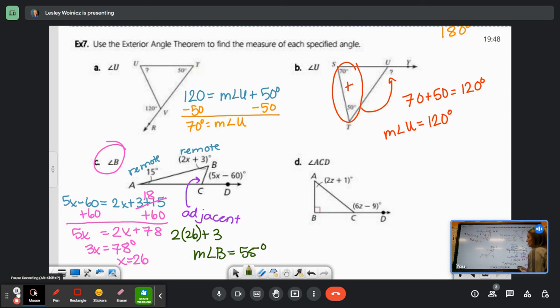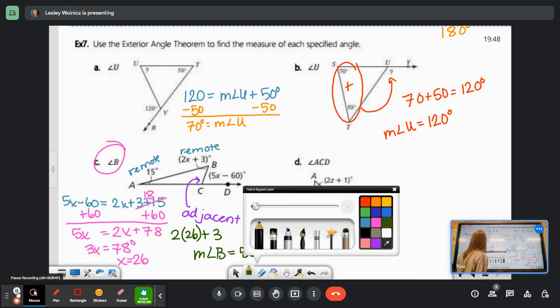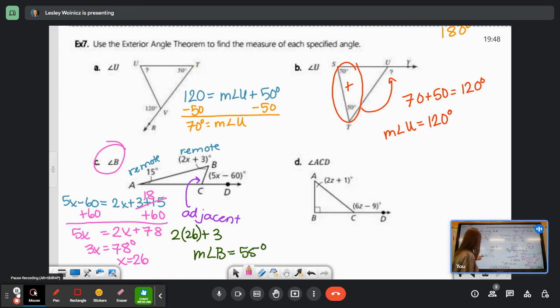Okay, the measure of angle ACD. Ooh, this one's fun. All right, so here is my exterior. We'll call that EX. Okay, and then here are my two remote interiors, R and R. Those are both the remotes.